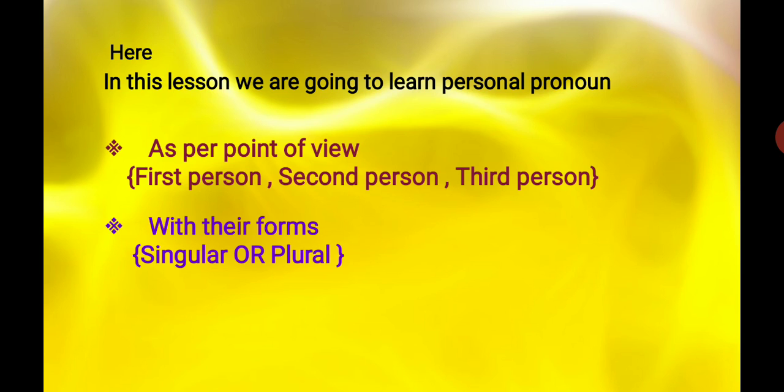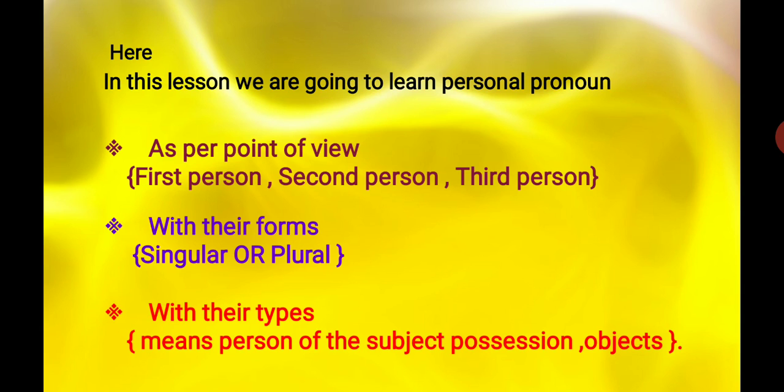And the next is with their forms. We divide the personal pronoun with their forms according to their nouns. In the sentence, we use different forms, means singular and plural. We use singular for which kind of noun and plural for which kind of noun, we will see in this topic.